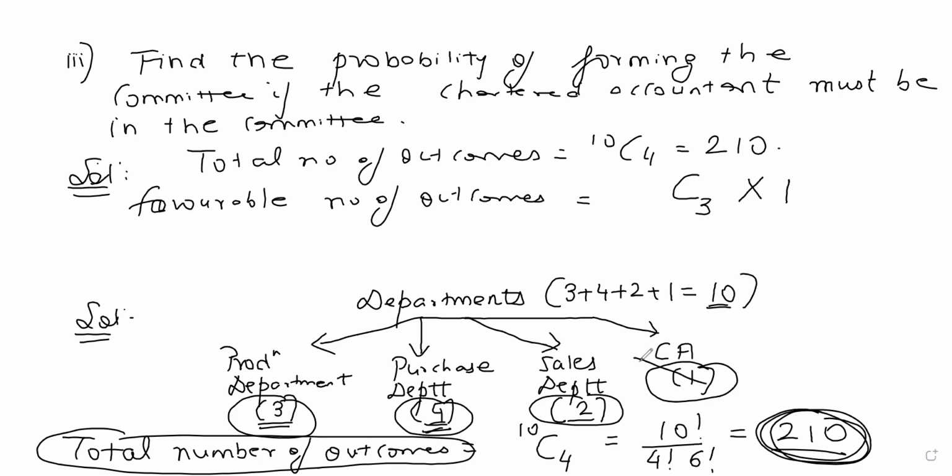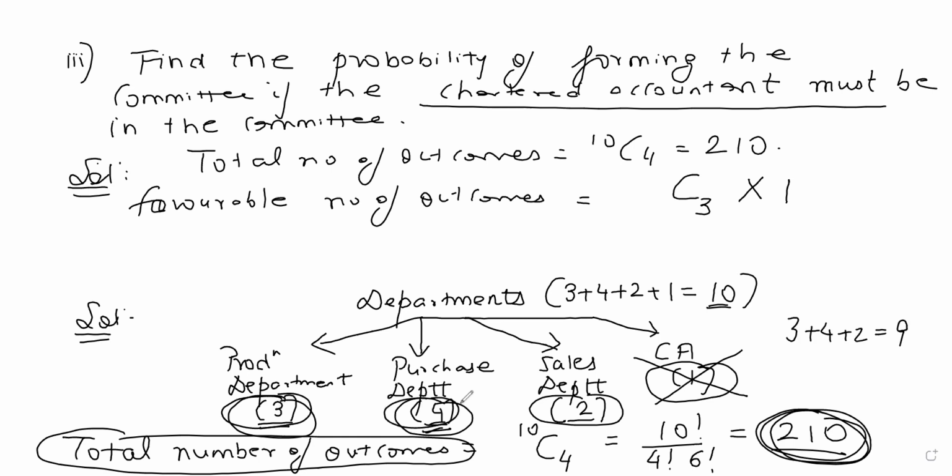Now I have already selected the CA because the CA must be there in the committee. So how many people are now left to be chosen from? 3 plus 4 plus 2, that means 9. From 9 people, I need to select 3 people and I have a CA. So my favorable number of outcomes is 9C3 times 1.